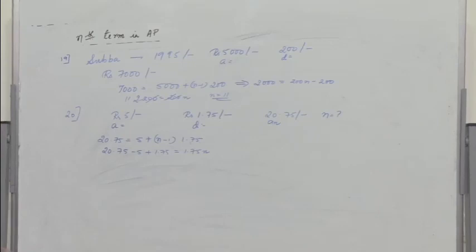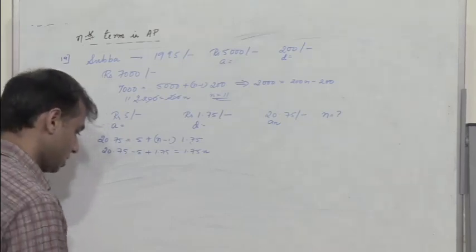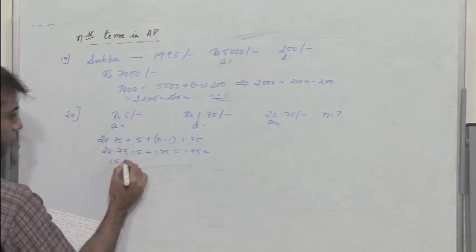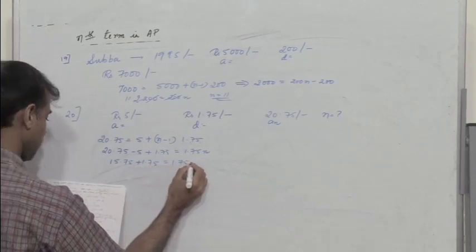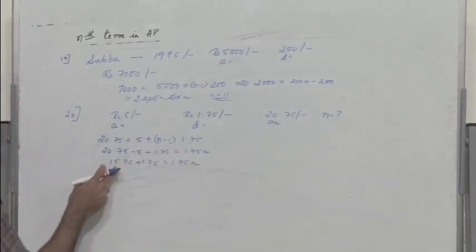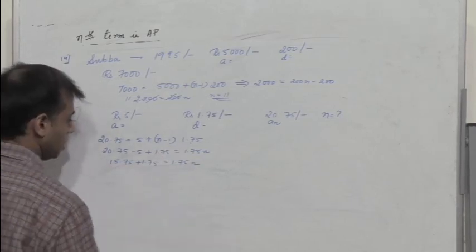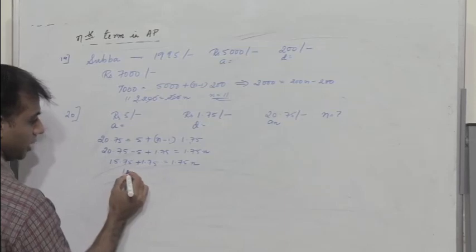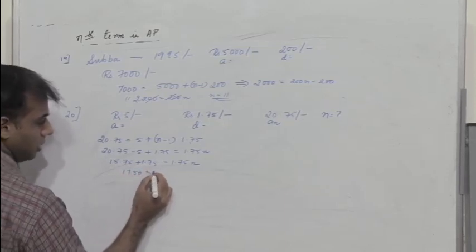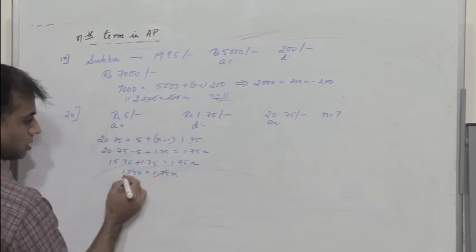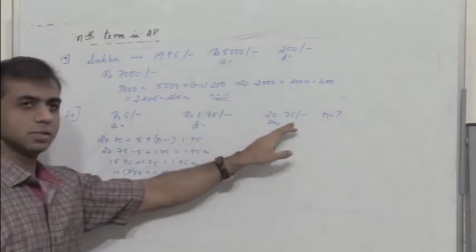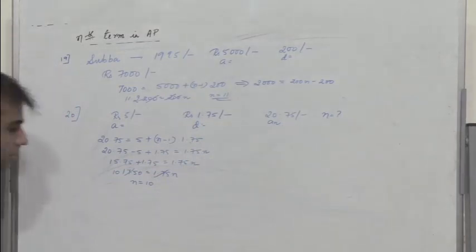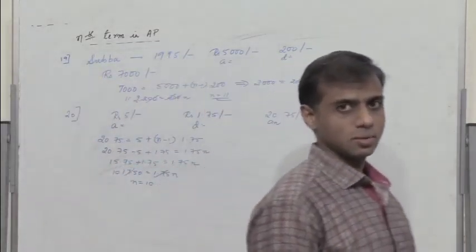So finally we get 15.75 plus 1.75 equals 1.75 n. So 15.75 plus 1.75 is 17.5 equals 1.75 n. So we know that this is 10 times, so n equals 10. So in the 10th week, the amount saved would be 20.75.